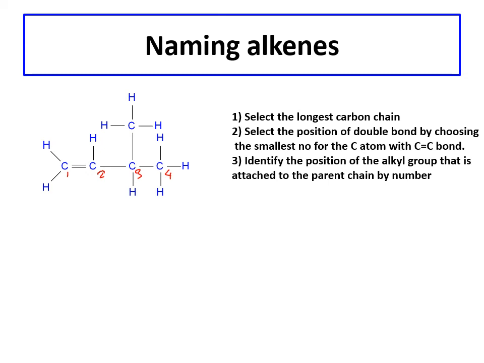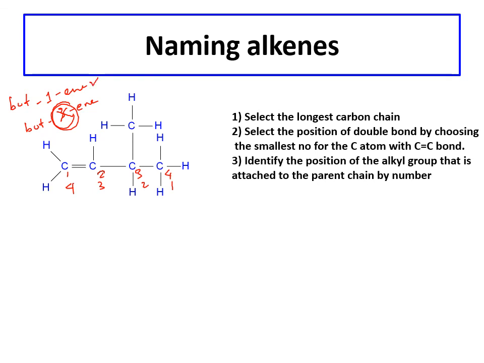So you cannot put this as 1, 2, 3, 4, because then it will not be but-1-ene, but instead it will become but-3-ene. Okay, we don't want 3 because this is higher than 1, so we will stick with this one.